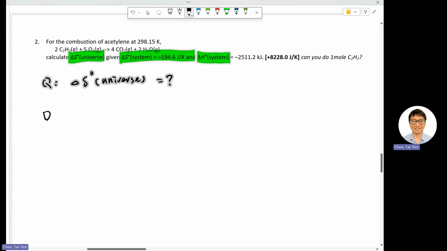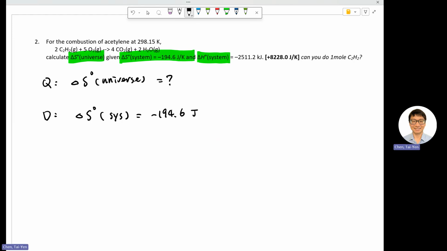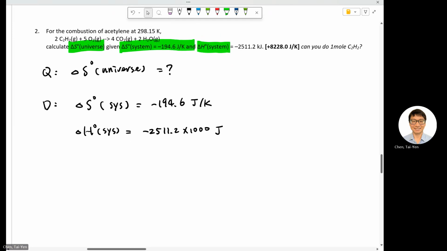And then the data that you have is your delta S not system, negative 194.6 joule per K. Delta H not system equals negative 2511.2 kilojoules, and make it become joules, so I multiply by 1,000. And then the temperature is 298.15.